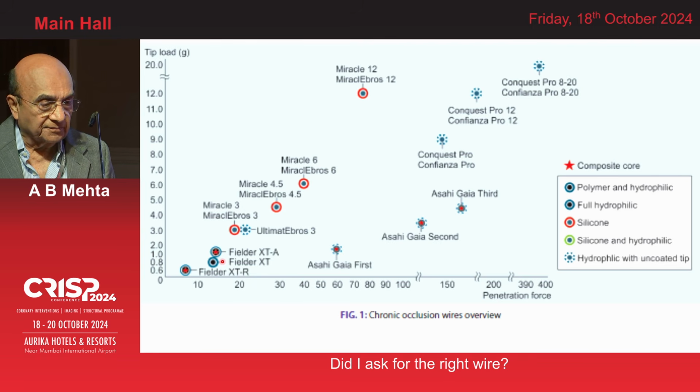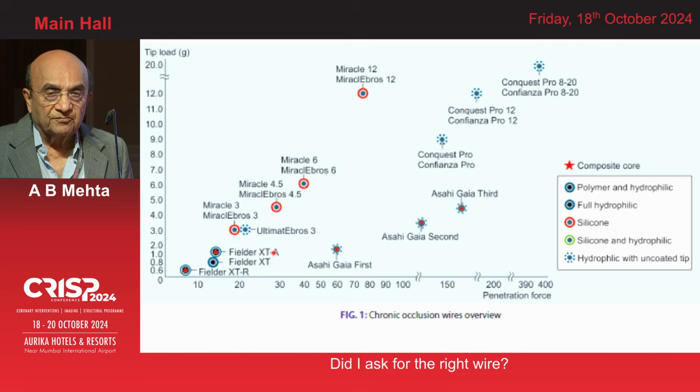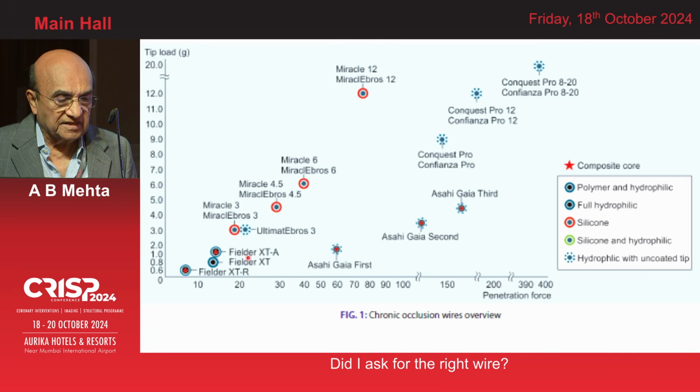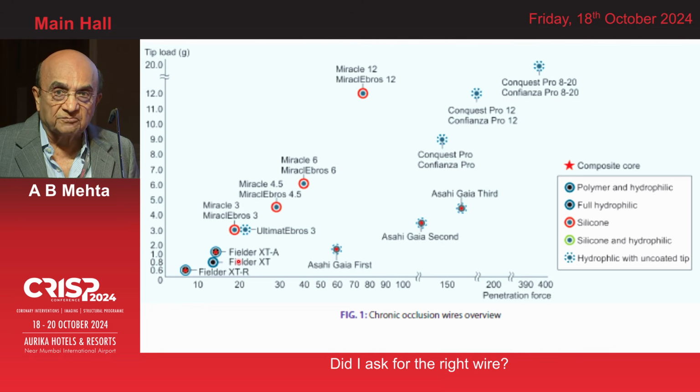On the side here is a family of wire called filter wires. All of them, filter XTA, filter XT, filter XTR, are polymer wires. Polymer is a substance which, when it comes in contact with the blood or a fluid, becomes extremely slippery.